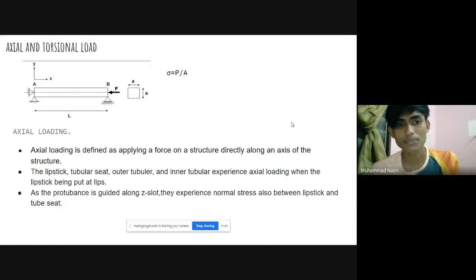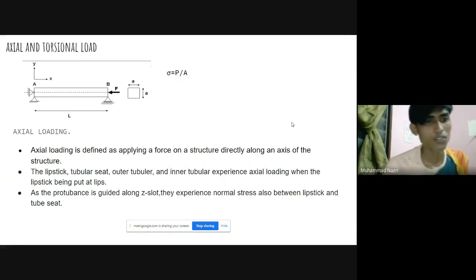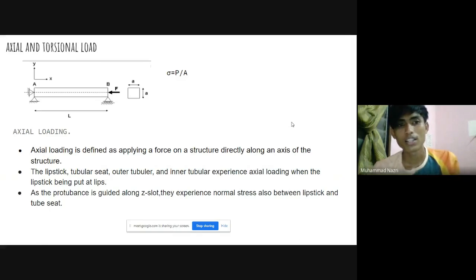So next slide. Right now I will explain about the axial and torsional load that happen at the lipstick case. For axial loading, we can define axial loading as applying a force on a structure directly along an axis of the structure.